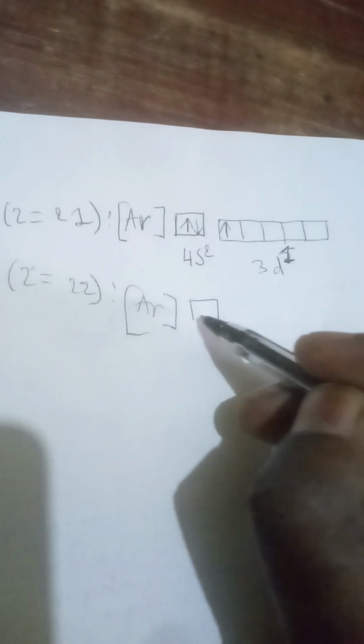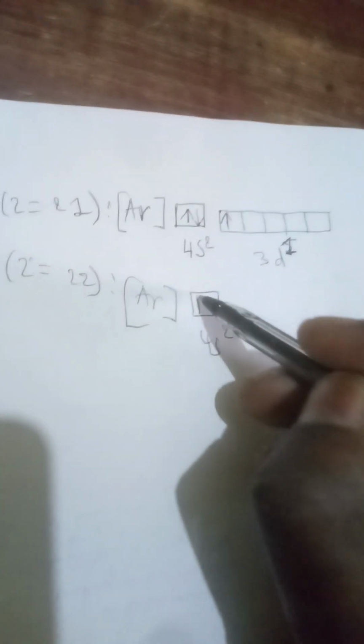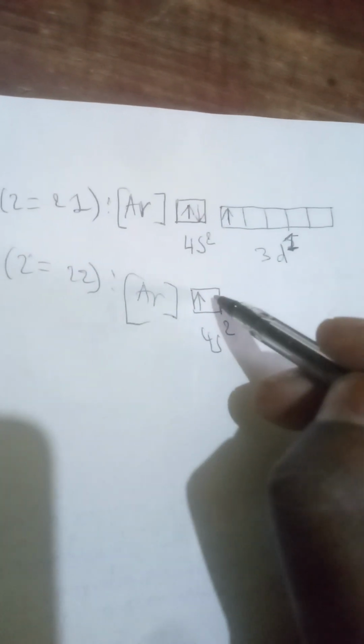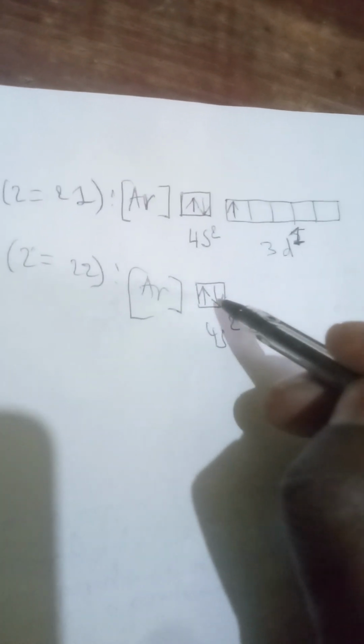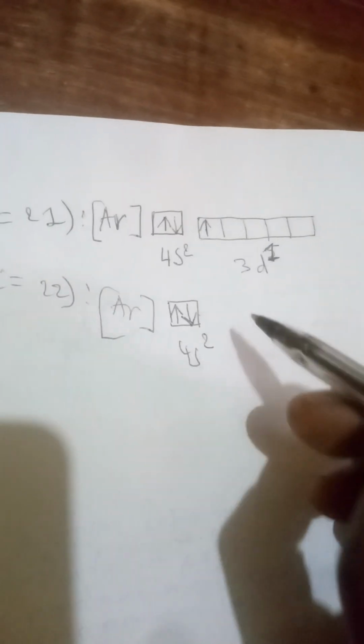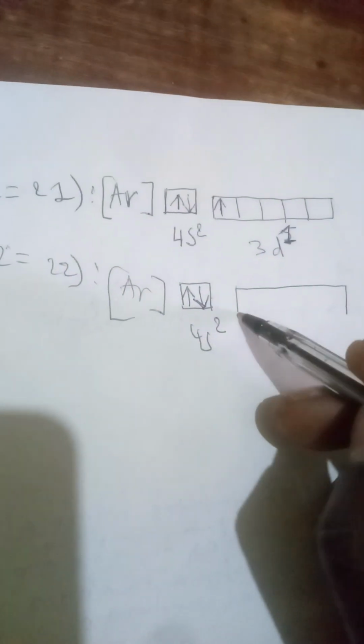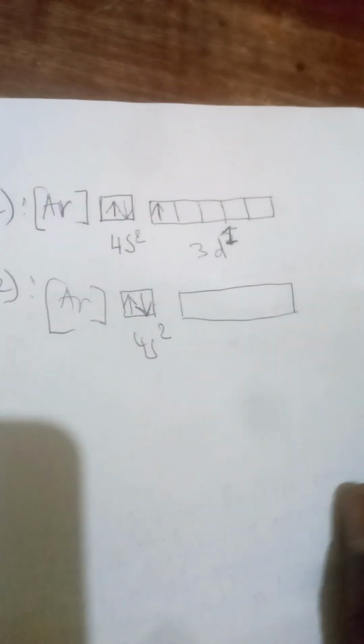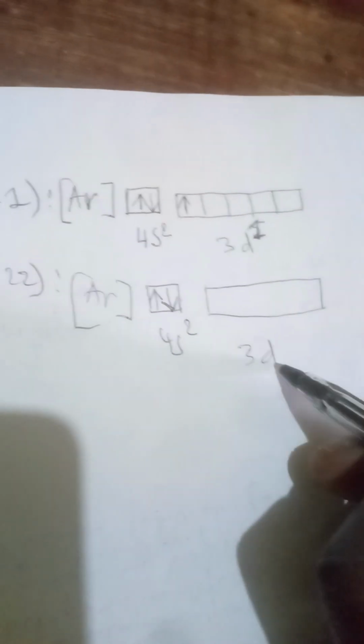Here we start with 4s. Maximum is 2 electrons. One electron is upright, another is inverted, or placed downward. Go to subshell or sub-energy level 3d.